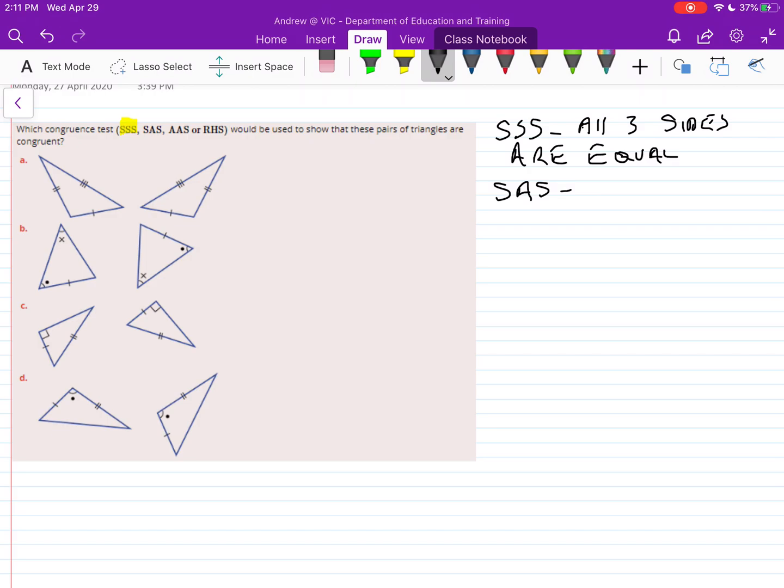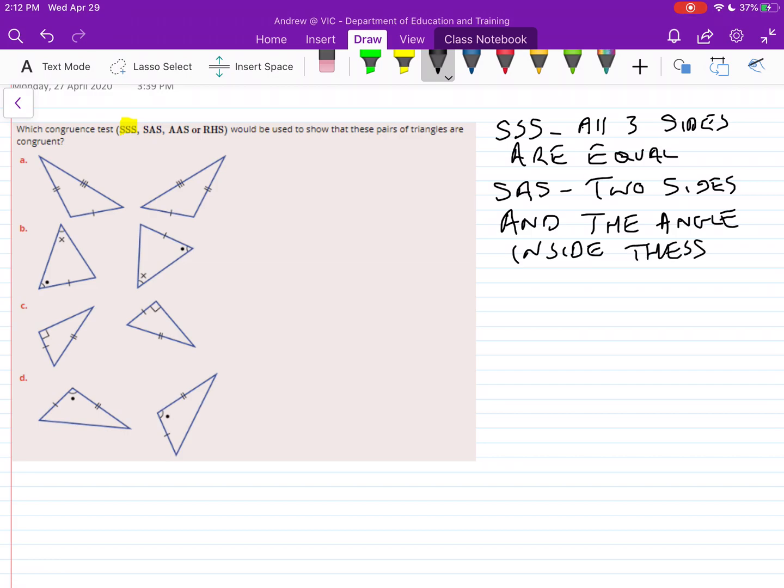So two sides are equal, and the angle inside is equal. Go back and fix that.